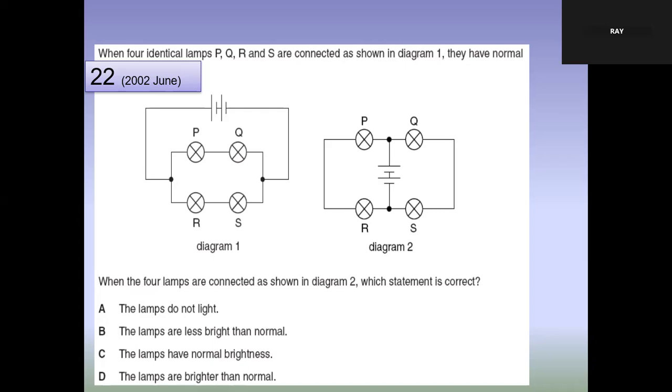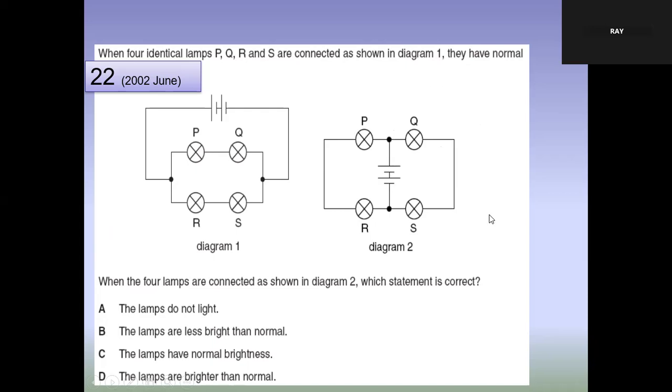Yep, they are the same. Normal brightness. These two in series, these two in series. Right? This one is taken out as well.